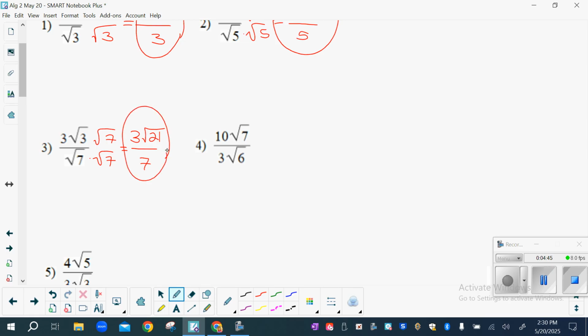Okay, what would we do on number 4? This group back here. That's right, on top and bottom, numerator and denominator. So what do we get on the bottom?